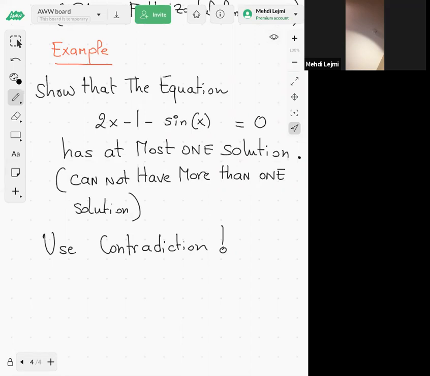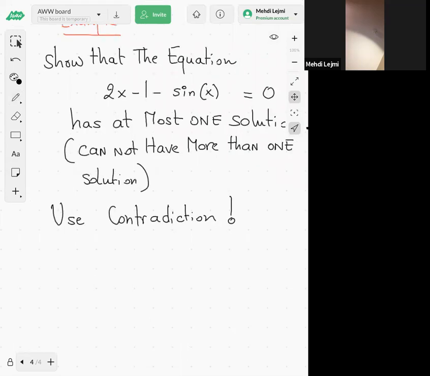So first, I'm going to suppose we have two different solutions.